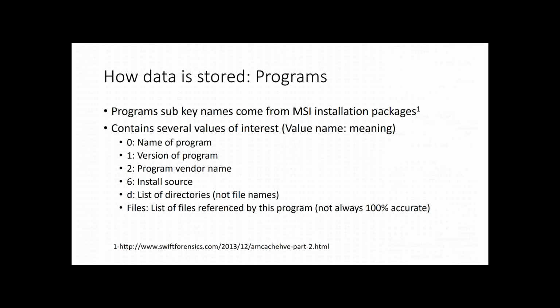And then underneath there, in each of the programs keys, we have several values of interest. And so this is just a short list. On the left side, we have the value name, and then on the right, we have a more usable description of why we would be interested in that particular value. So, for example, 0 might be Microsoft Office or Steam client or some other installer, the general package name that you'd be interested in. We have the version, who made it.